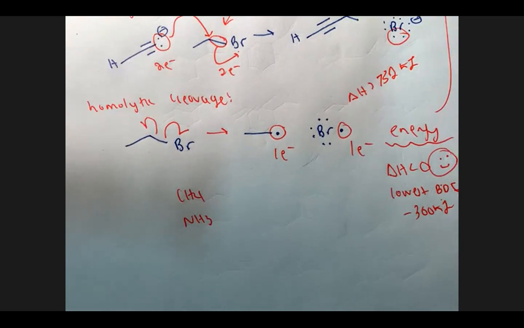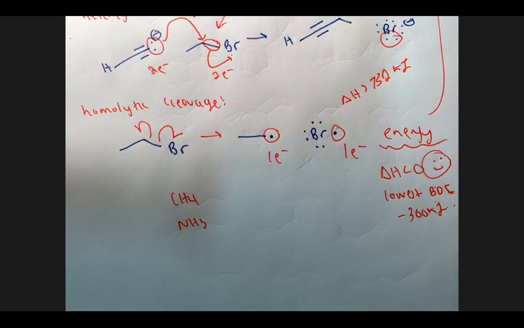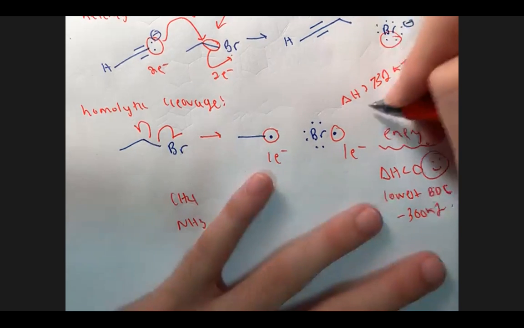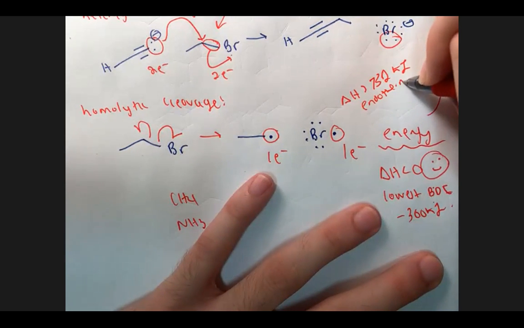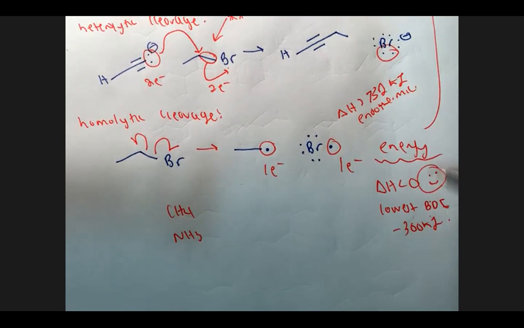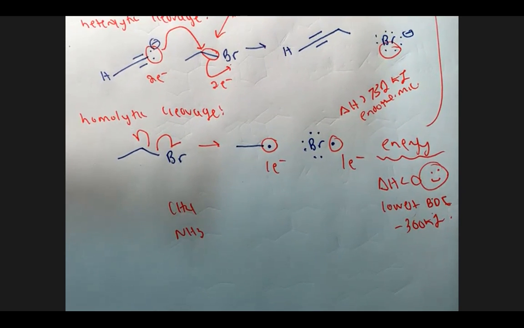That's a really big bond dissociation enthalpy, and that tells you it's endothermic, you have to put energy into the system to break this because it's so unfavorable to break on its own. That's not a favorable thing. So the higher the bond dissociation enthalpy, the more unfavorable the reaction is. The lower the bond dissociation enthalpy, the more favorable the reaction is.